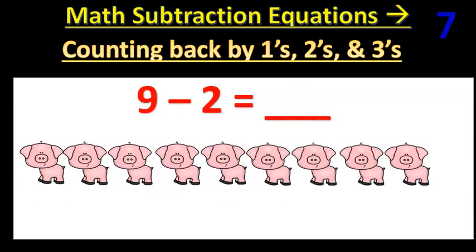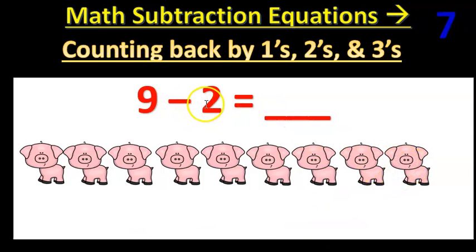Here we go. Now, we have here another subtraction equation. 9 minus 2 equals blank. We have 9 pigs here. 1, 2, 3, 4, 5, 6, 7, 8, 9. Now, boys and girls, here we go now.